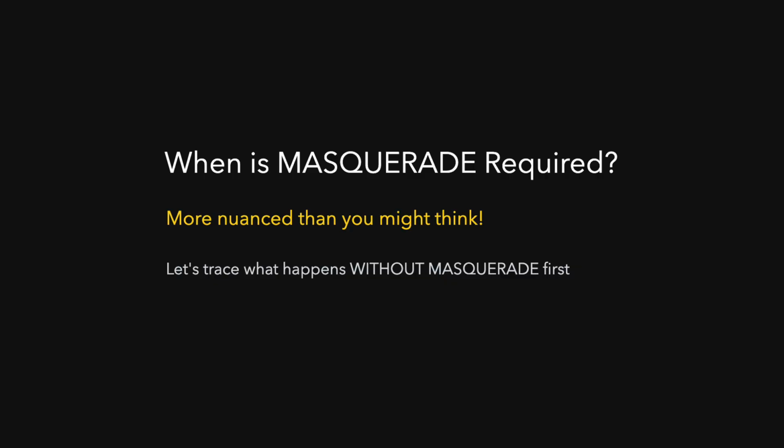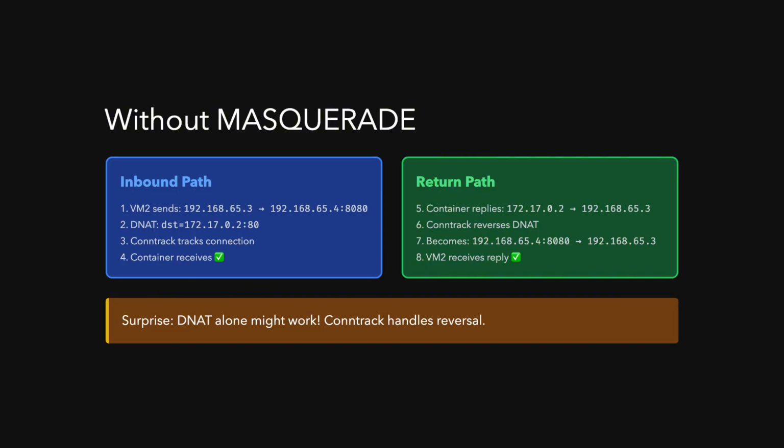Before we add masquerade rules, let's understand when and why they are needed. First, let's trace what happens without masquerade in our VM2 to container scenario. The inbound path will be like this. VM2 sends a packet to VM1, pre-routing DNAT transforms the destination from VM1 to the container IP address, conntrack creates an entry, then the container receives the packet.